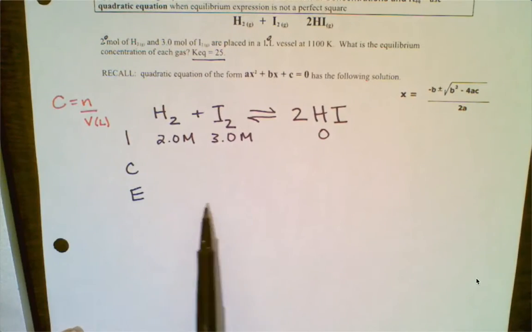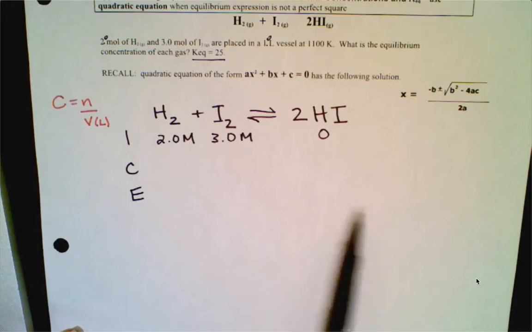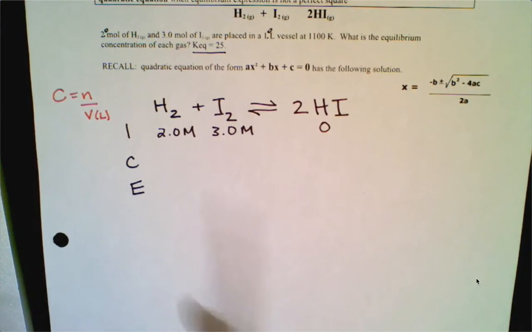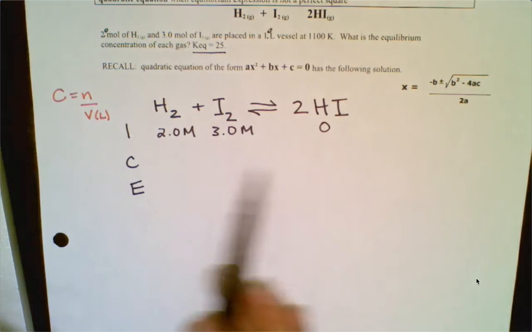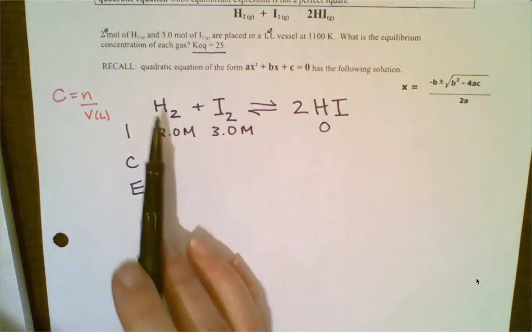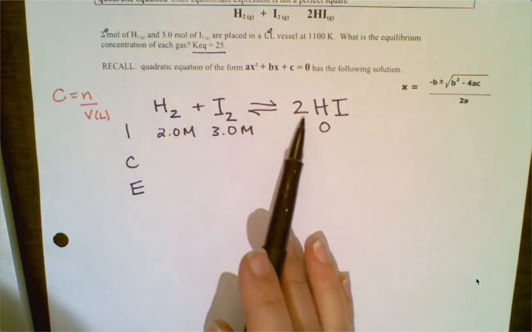They do not give us any equilibrium concentration of any other item. So what you must do in this case is let your change column equal your mole ratio column, and we allocate X values in that column. We see that this is a 1:1:2 ratio.